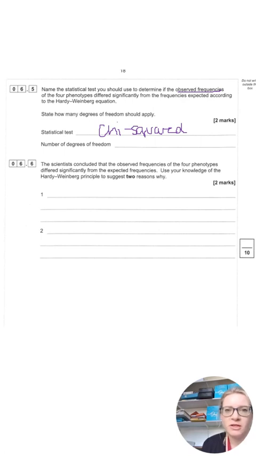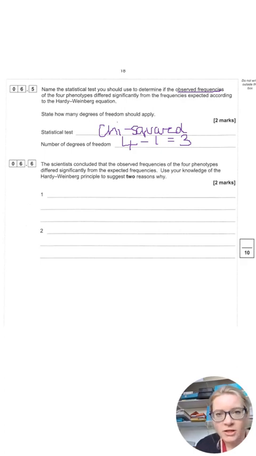Number of degrees of freedom is the number of categories minus 1. Number of categories is 4, so there's the A blood group, B blood group, AB and O blood group. So 4 categories minus 1 equals 3.